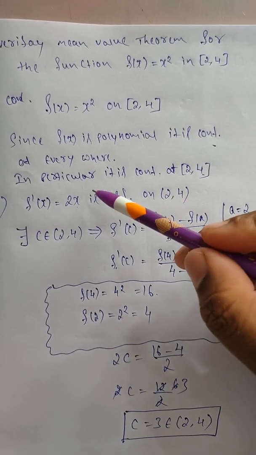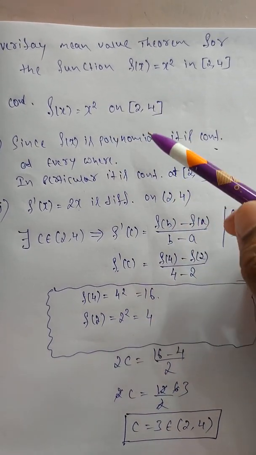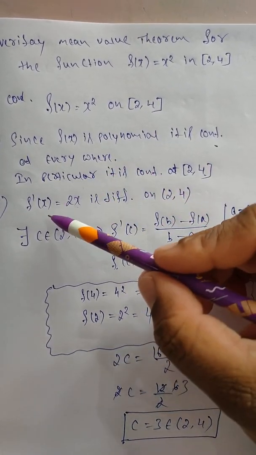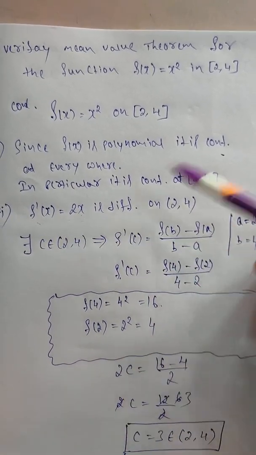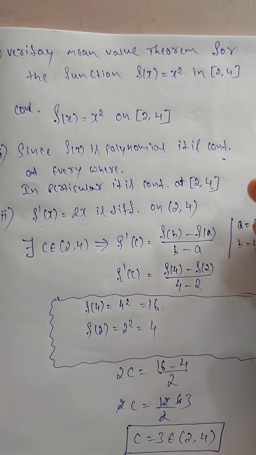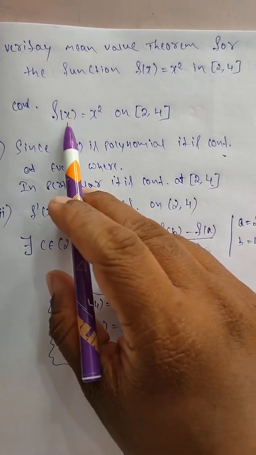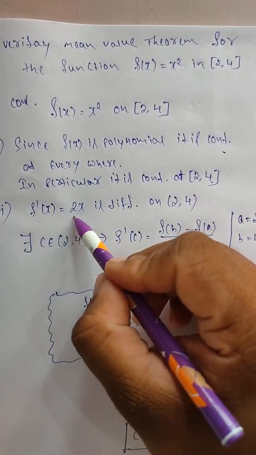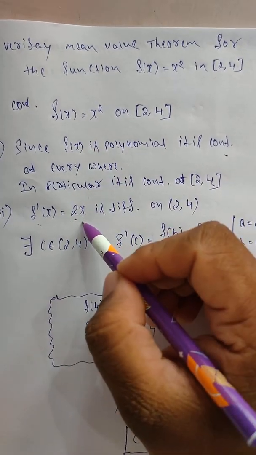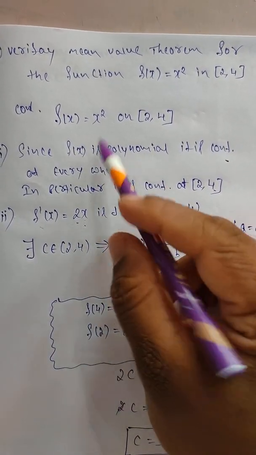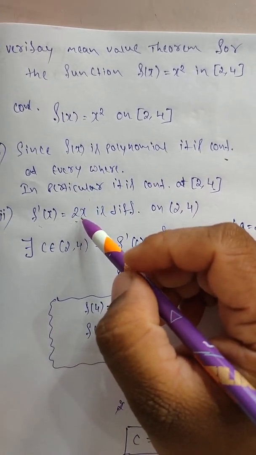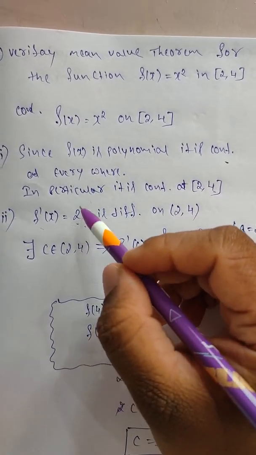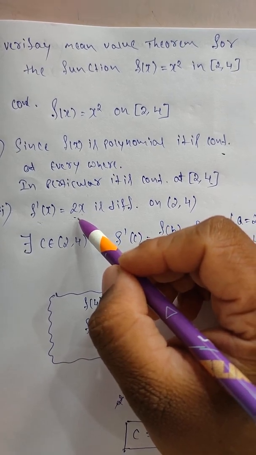Now the second one, differentiation. In the whole problem, only here we are doing differentiation. It is very simple, not the toughest part. f dash of x: the differentiation of x square is 2x. See how simple the differentiation is. We already learned this in first PUC, not in second PUC.